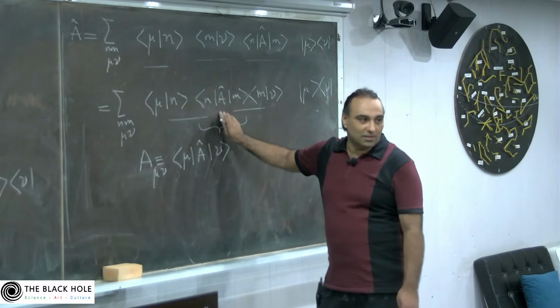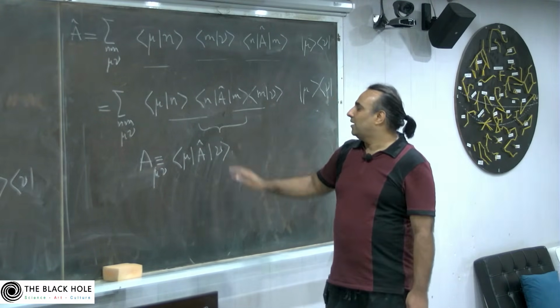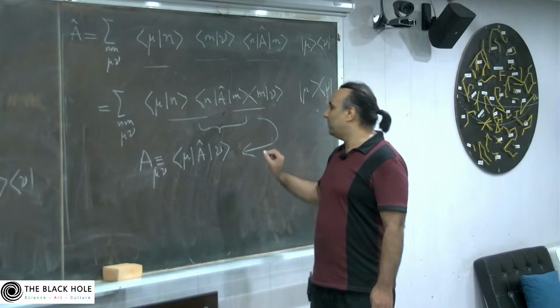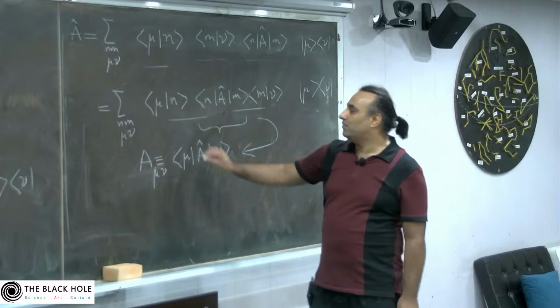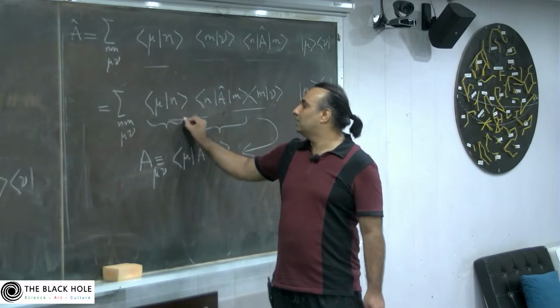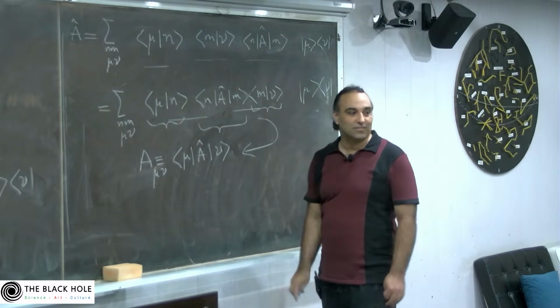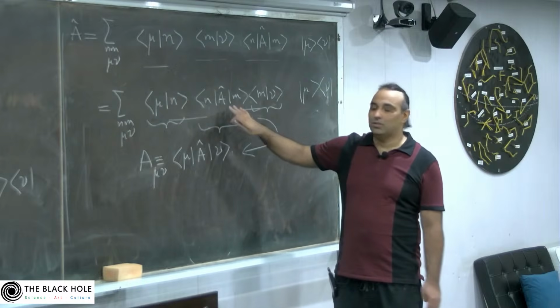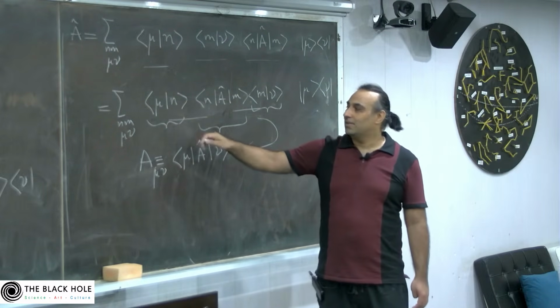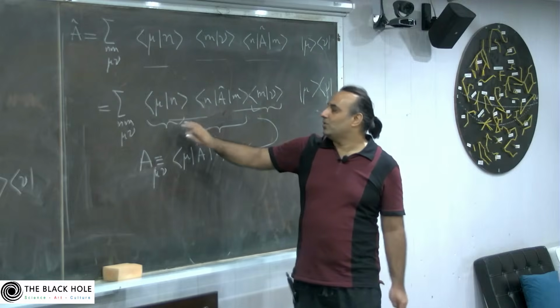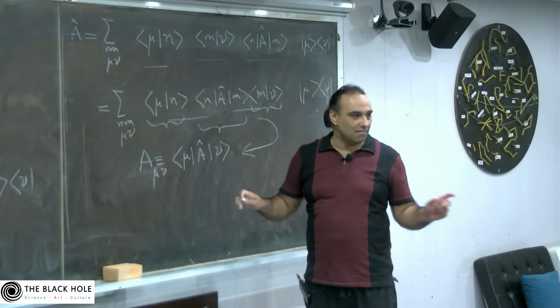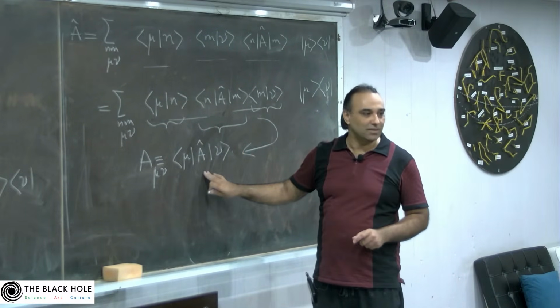So if we know this, how can we go from here to here? So actually we would need this and this as well. So if we know this and this, and this is similar to this, so they have the same information. So if we know these two objects, then we can calculate this.